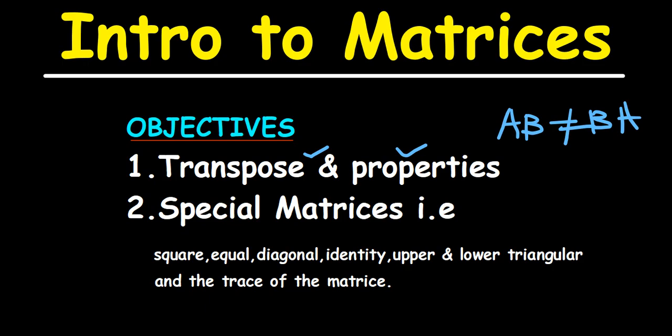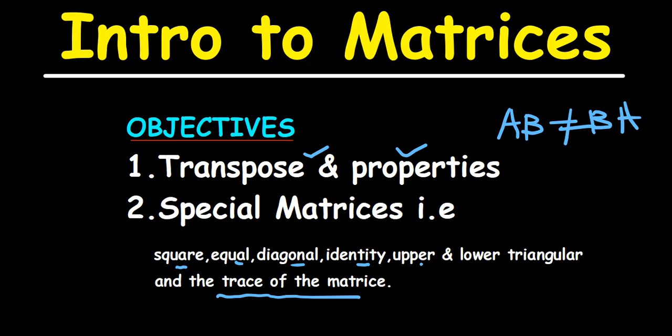We have a lot of special matrices, so for today we'll look at these ones that I've listed here: the square matrix, the equal matrix, diagonal matrix, the identity matrix, the upper triangular matrix. We also have the lower triangular matrix, and finally we are going to talk about the trace of a matrix. So that's our roadmap for today's lesson.